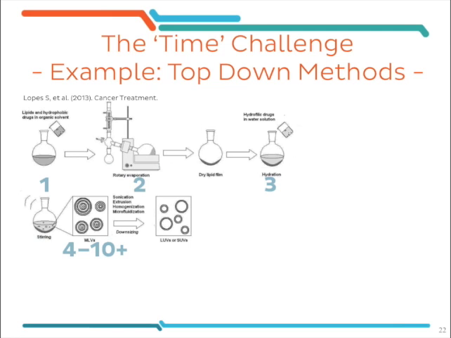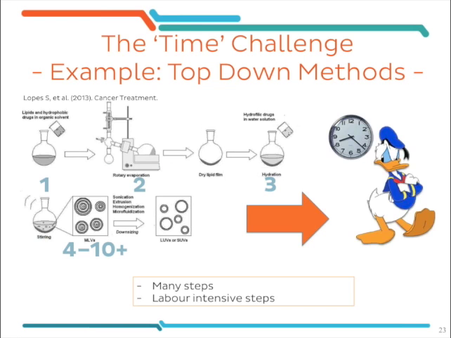And then the thin lipid film is rehydrated with an aqueous buffer, and that results in the formation of large multilamellar vesicles. And these large vesicles then further need to be broken down into a smaller size, for example, by applying sonication or extrusion or high pressure homogenization or other methods.